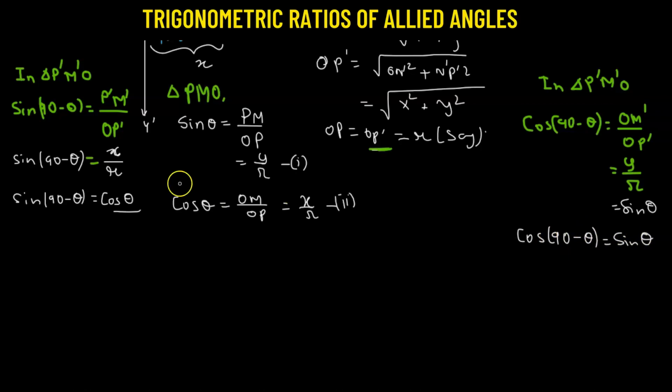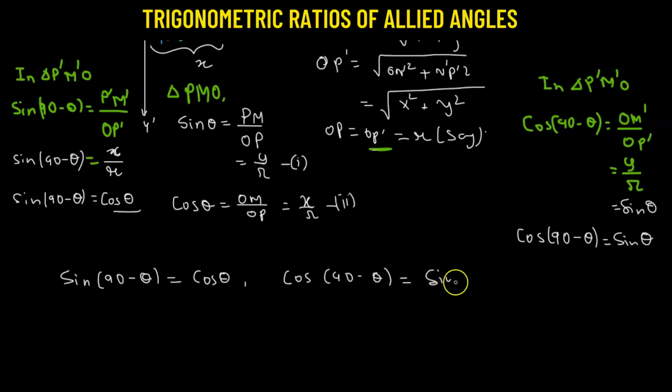Now that we have the value of cosine and sine, we can find the other trigonometric ratios. Let's first note it down. We have obtained that sine 90 minus theta equals cosine theta, and cosine of 90 minus theta equals sine theta.